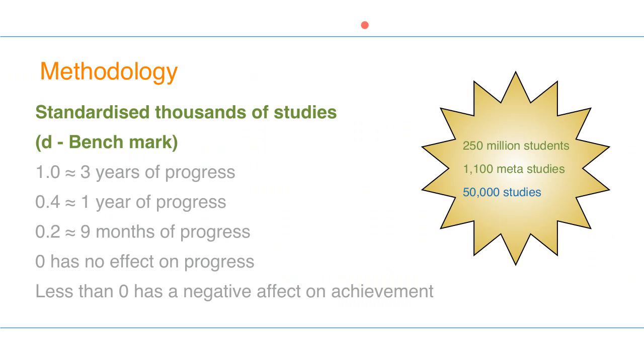A value of 0.4 is roughly equivalent to a year of pupil progress. 0 has no effect on the pupil progress, and if it's less than 0, then these are actually having a negative effect on the student's achievement.